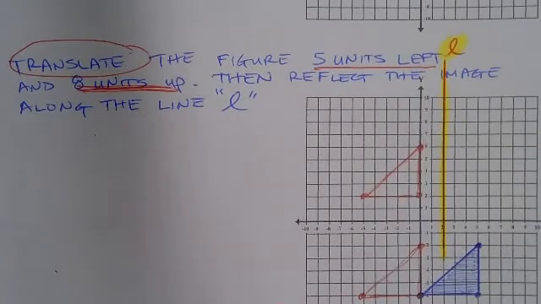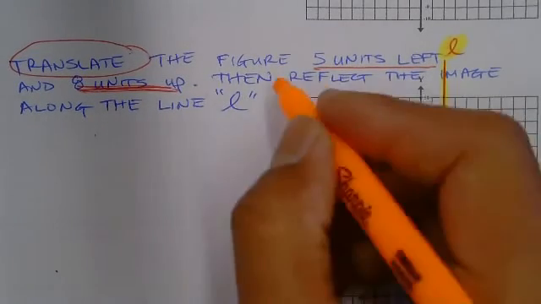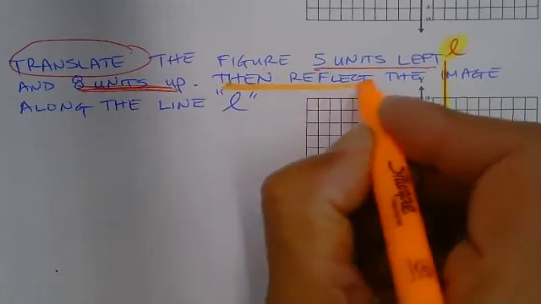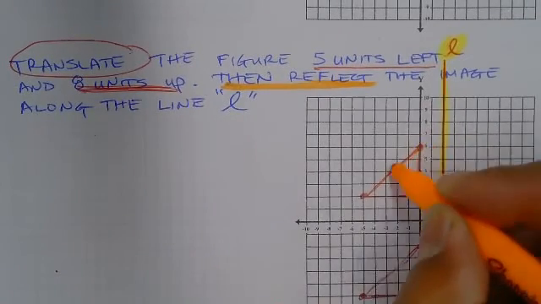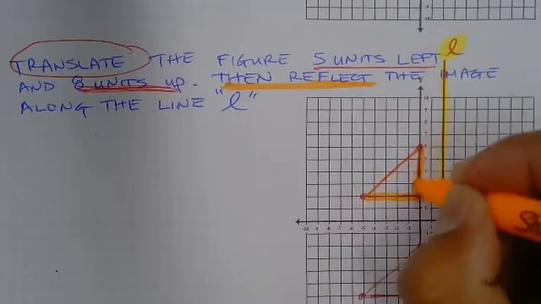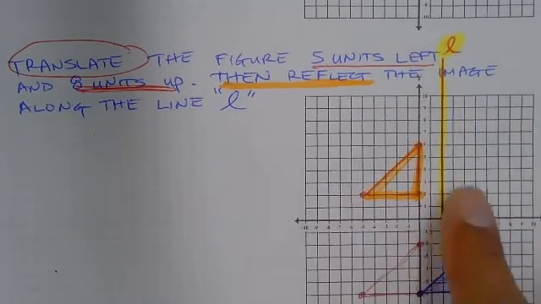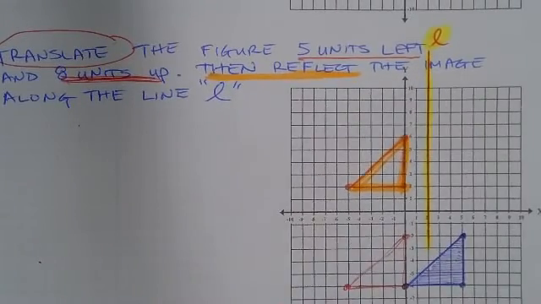And then from here, now it says, then what? Now you're going to reflect. Then reflect this one. Take this one that's right here and reflect it over the line L. The line L, you already drew it on there.